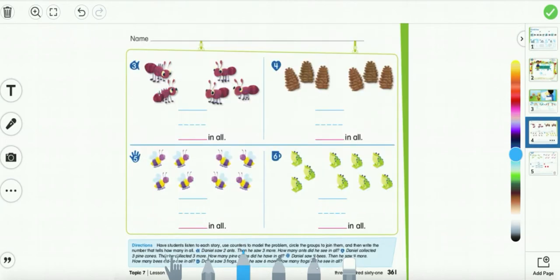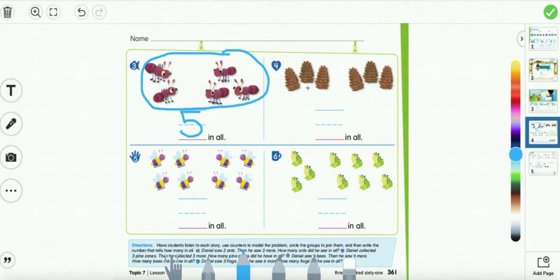Number 3. Daniel saw 2 ants. Then he saw 3 more. How many ants did he see in all? We're going to join them, put them together. Let's count. 1, 2, 3, 4, 5. Daniel saw 5 ants in all.